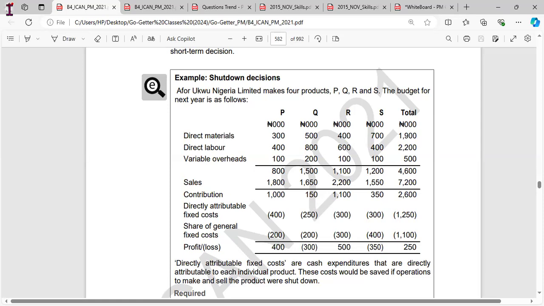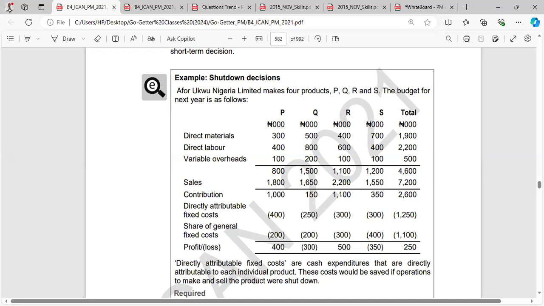Then we have something called directly attributable fixed cost. So these are special fixed costs. What does it mean? It means that these fixed costs only exist because that department or that product exists. I'll give an example now.